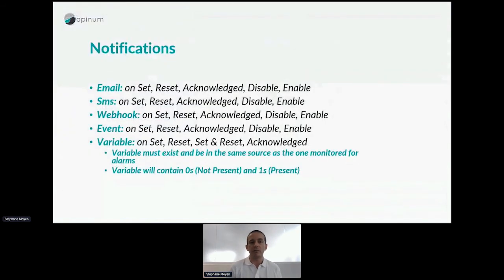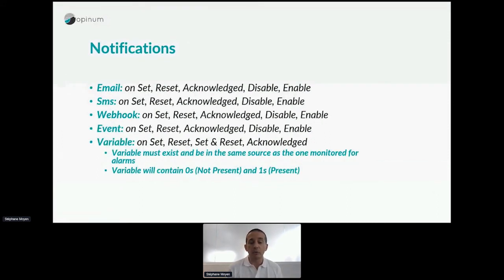You have 5 different notification types for the alarms. The first one is you can be notified by email. You can be notified by SMS through a webhook if you have defined the webhook before, of course. You can have a notification through an event on a specific site, so the site to which the variable and the source are linked, of course.